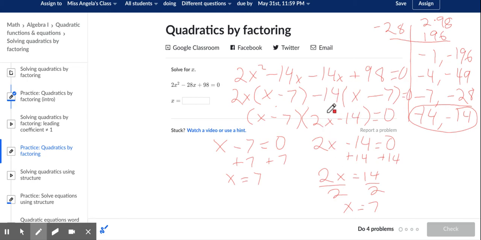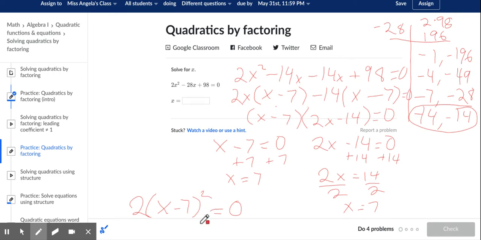It turns out I could rewrite this. I'm not going to explain exactly how I got this right now, just for the sake of time, but I could write this as 2x minus 7 squared equals 0. So remember, if you can write it like this, then that is the case where you only have one solution.